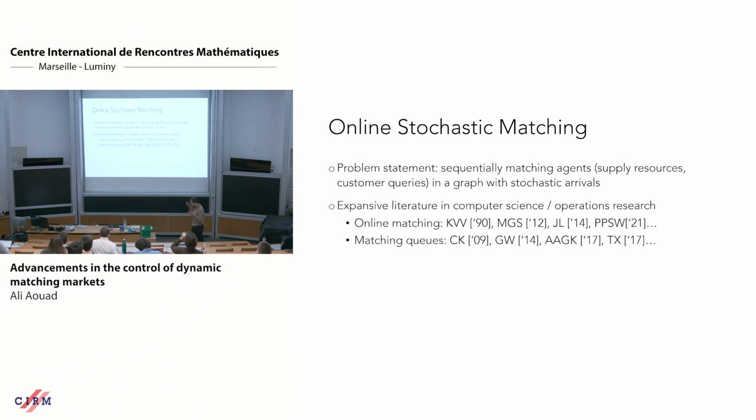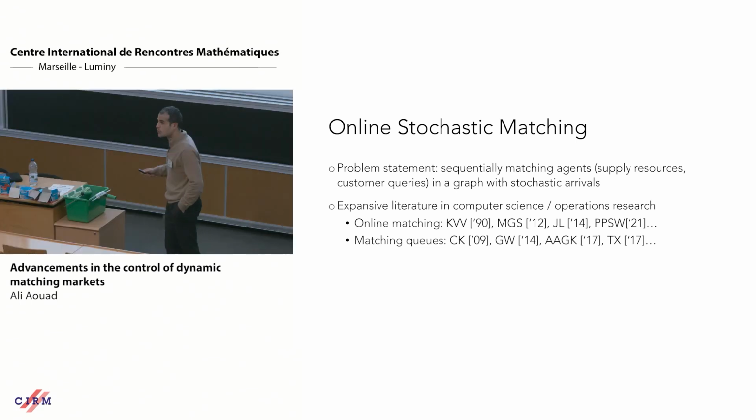And as you know, there's an expansive literature on this topic from various angles, and my interests somehow lie at the intersection of two lines of research. One is on online matching, and Amin introduced some of the models used in that literature, pioneered by the paper of Karp, Vazirani, and a long line of research on stochastic matching models, many of which have been authored by Amin. The second line of research that I'm also interested in takes a different perspective.